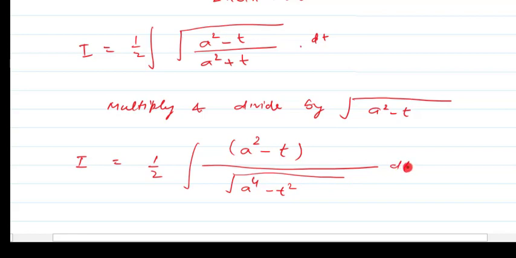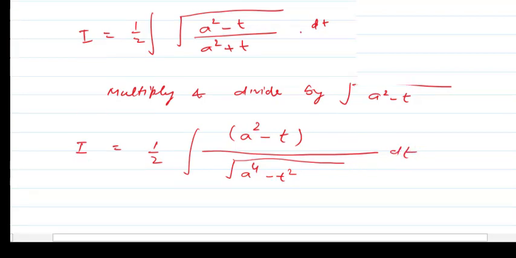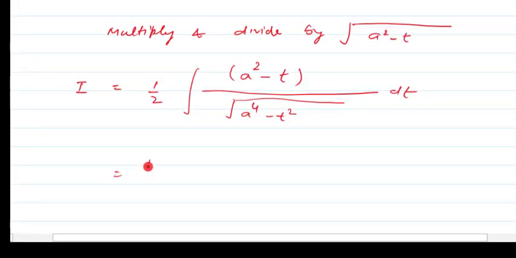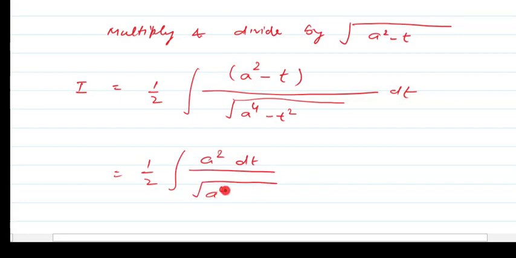Okay, now segregate the two terms. So after segregation, one term is a square dt upon square root of a power 4 minus t square, and the second term is minus 1 upon 2 t dt upon square root of a power 4 minus t square.